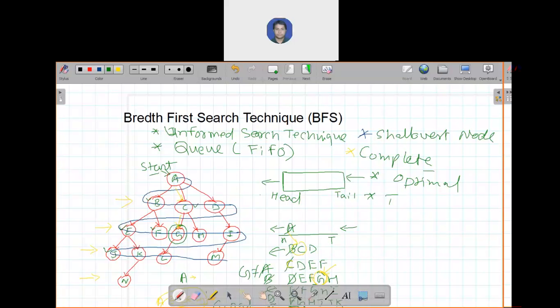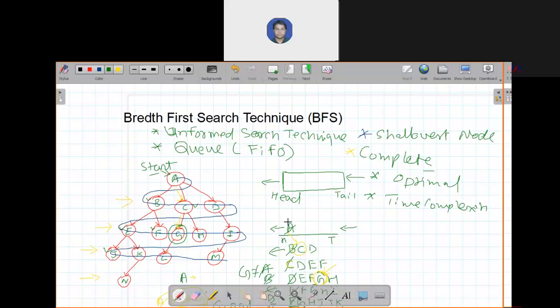The next is time complexity. The time complexity of this searching technique is B to power D, where B is branching factor.